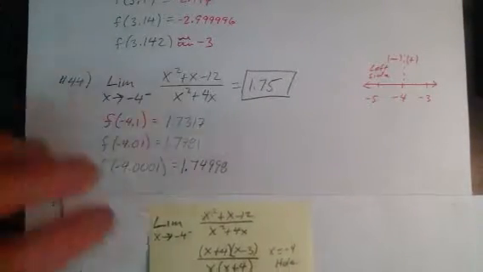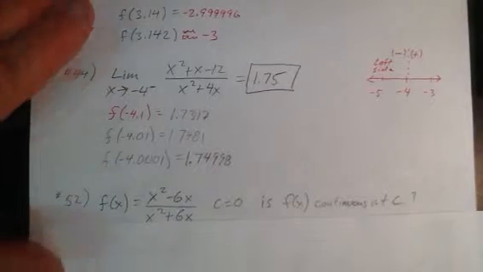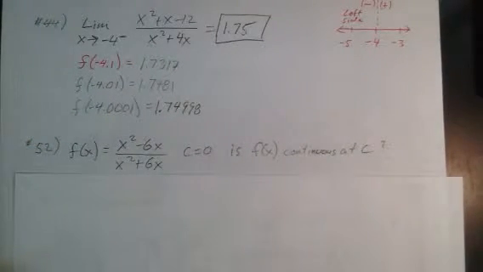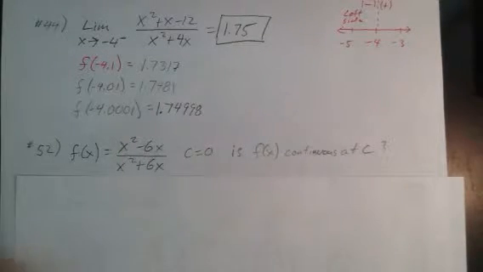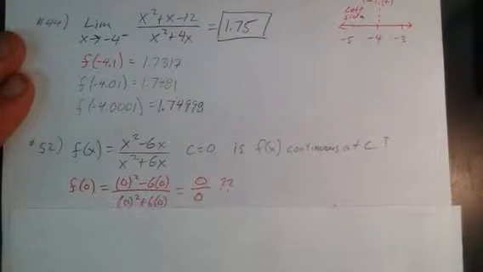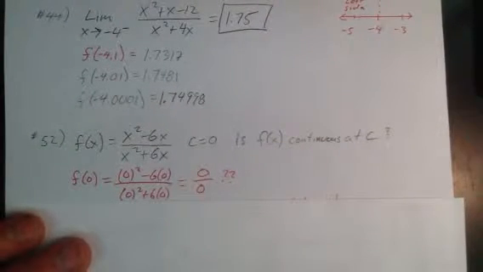Okay, let's take a look at the next one. Now this is asking, is it continuous at C? If I plugged in 0 for x here, I can see I have 0 in the numerator, 0 in the denominator. So I have a 0 divided by 0. Is that a true discontinuity? And it turns out it is.